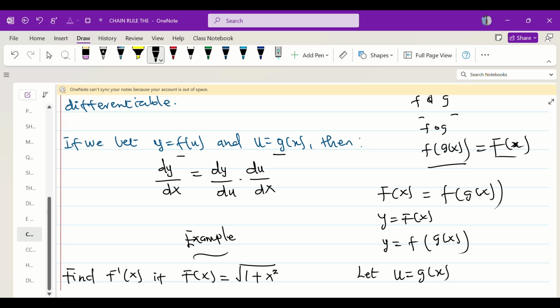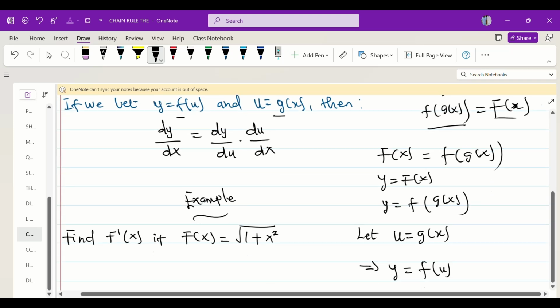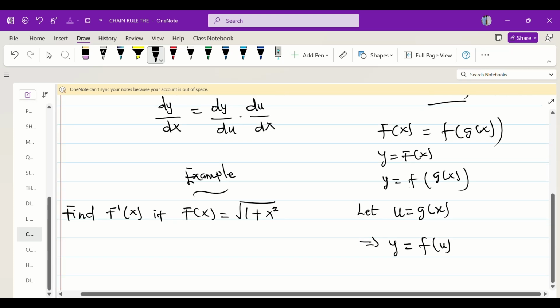then according to the chain rule, our dy/dx will be dy/du multiplying du/dx. Do you get it? Let me explain. We said that u is g of x, and y is f of u.